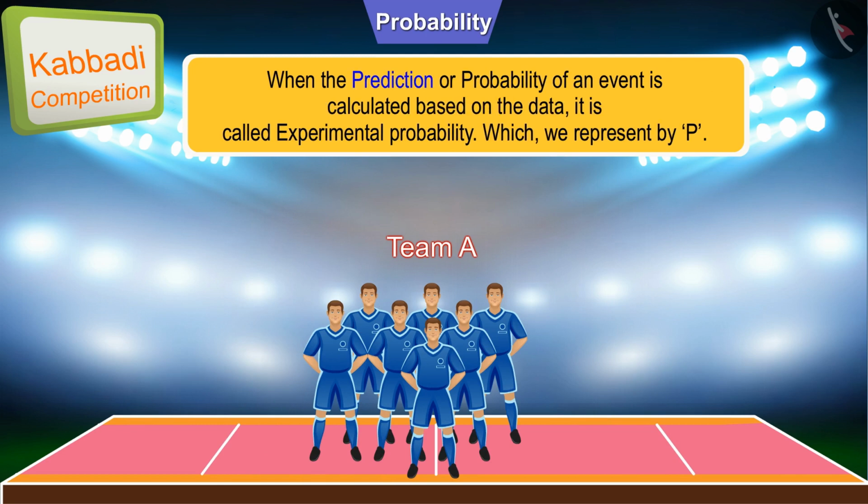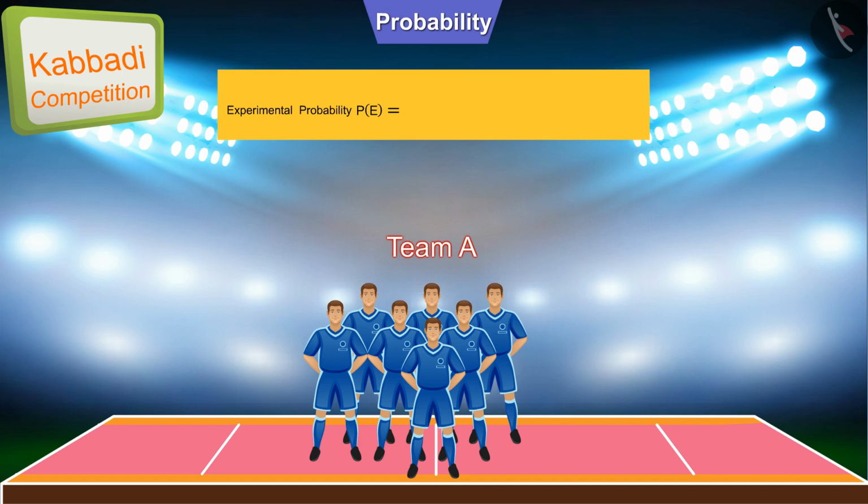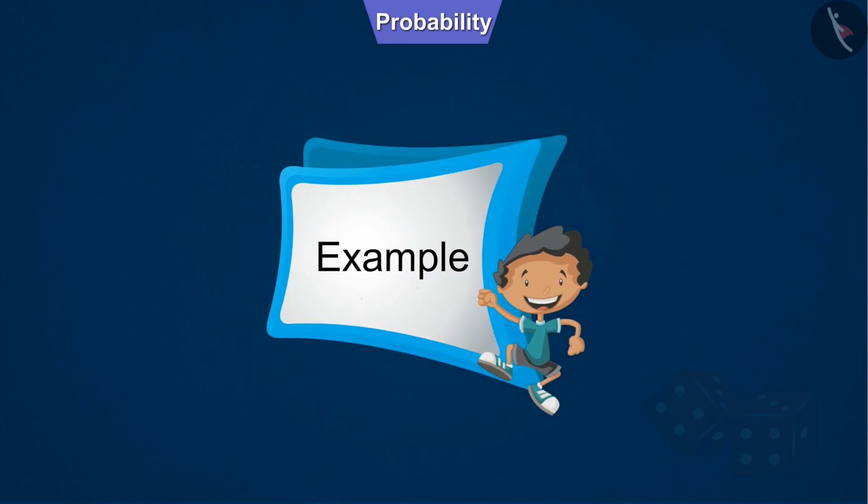Where the prediction or probability of an event is calculated based on the data, it is called experimental probability, which we represent by P. The experimental probability is the ratio of the number of trials in which the event has occurred and the total number of trials. Let's understand it by another example.